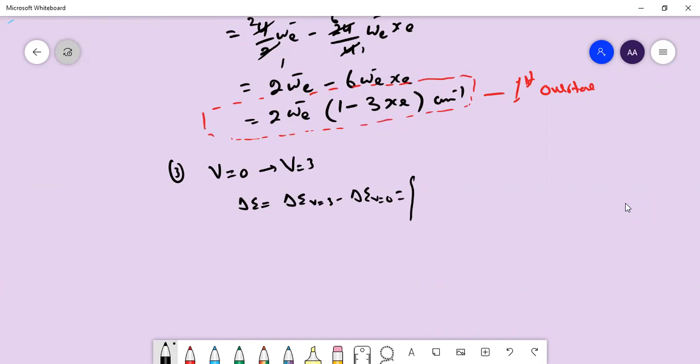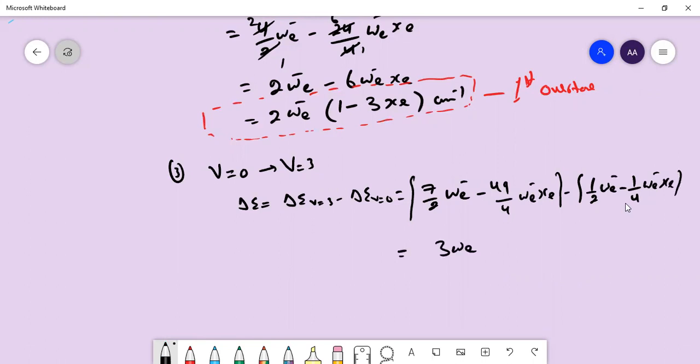So again, we have the values 7 by 2 ωe bar minus 49 by 4 ωe bar xe minus 1 by 2 ωe bar minus 1 by 4 ωe bar xe. So if we calculate these two, this will become 3 ωe (1 minus 4 xe) centimeter inverse.